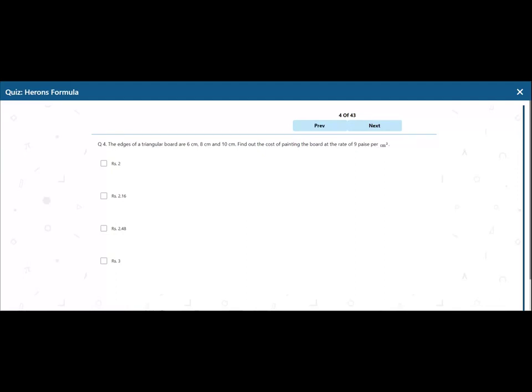No, ma'am. By using Pythagoras also we get it. 6 square plus 8 square equals 10 square, ma'am. It is a Pythagorean triplet. Half into 6 into 8, multiply by 9. It is a Pythagorean triplet, correct? What's the meaning of triplet?